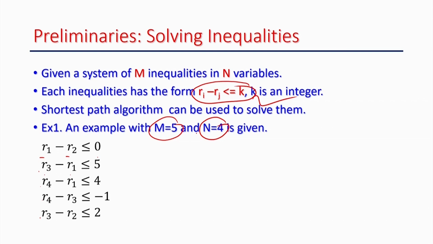If you are given a set of such inequalities, you have to find the values of R1, R2, R3 and R4 which satisfy all these constraints. So this is your problem statement: given m inequalities over n variables, find the values of the variables which satisfy all these constraints.